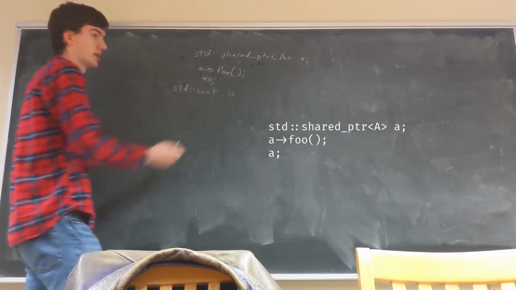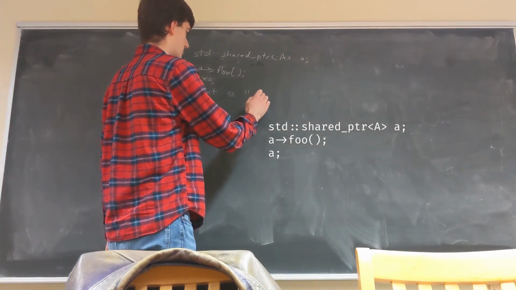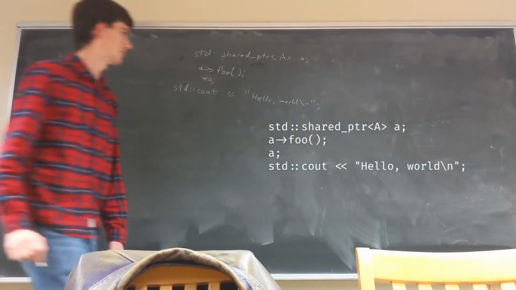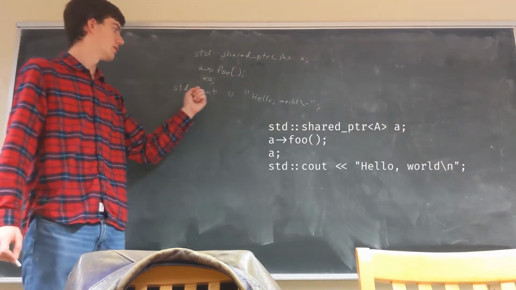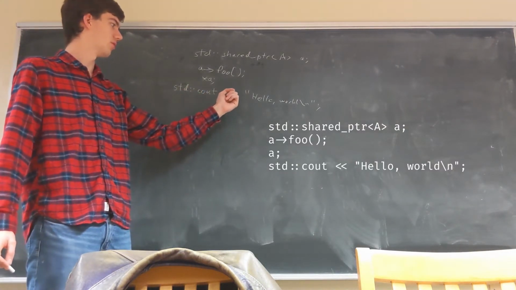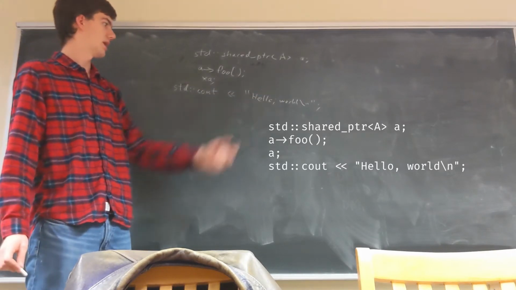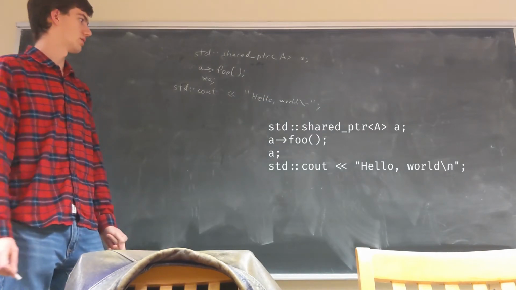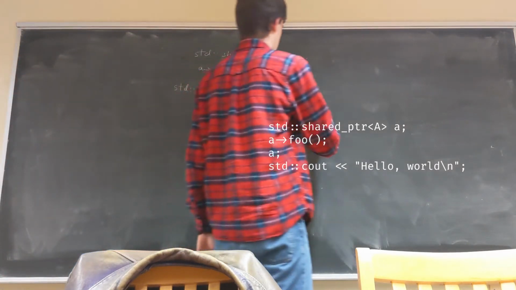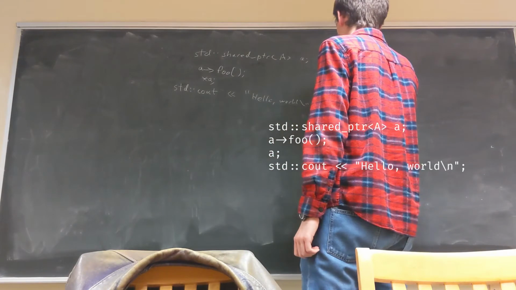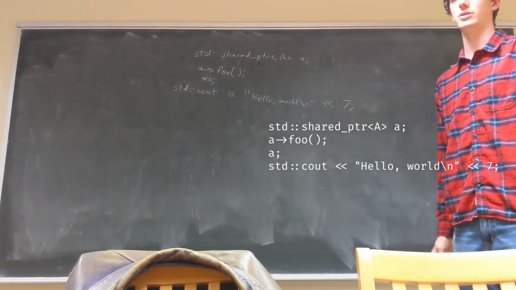Then you have what's actually a left bit shift operator, but it's very clearly not being used to shift bits here. So what we're doing here is the standard library provides an overload of that operator that has on the left an output stream and on the right a string, and has a necessary implementation in order to write that string to that output stream. And the result of that is the same stream, so that's why we can then just append more data that we're writing out with the same bit shift operator.